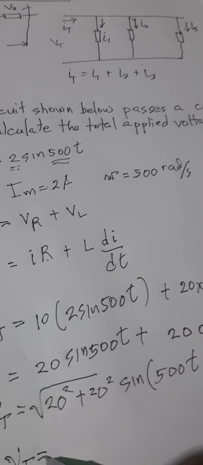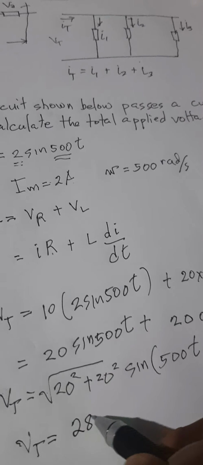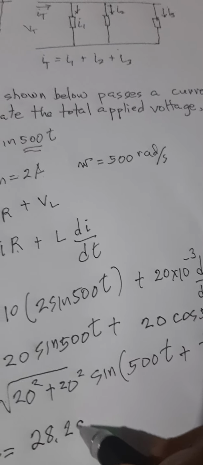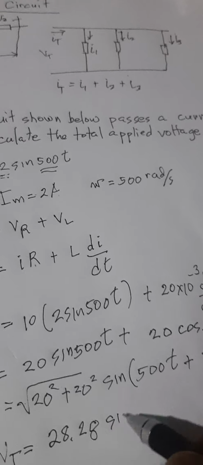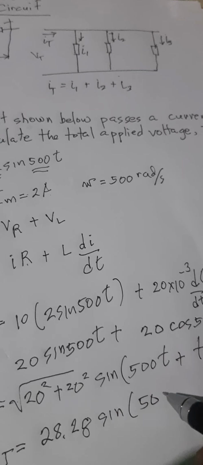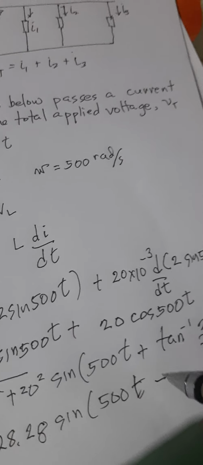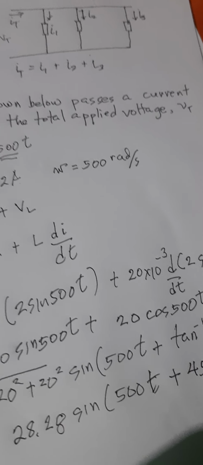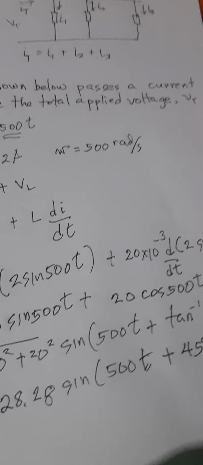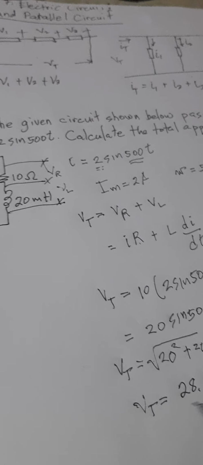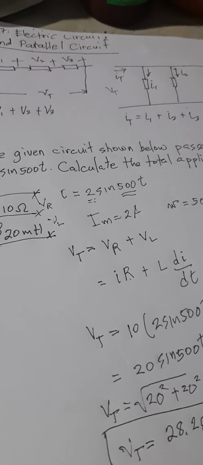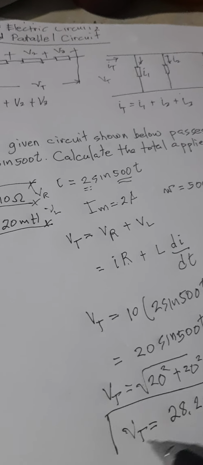Kaya yung Vt ay 28.28 sine of 500t plus 45 degrees. Okay, dahil equal yung a sa b. Kaya ito yung required na total voltage.